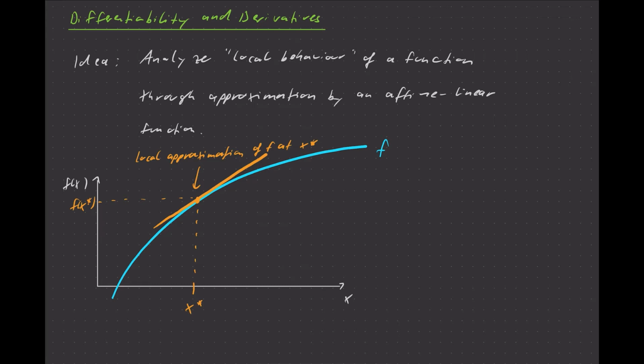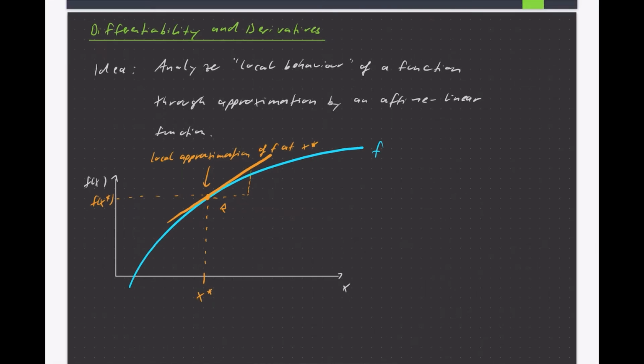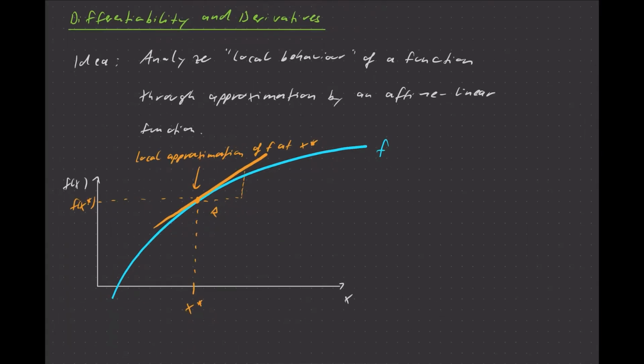So to get the slope of a function, we have to know about the ratio of the difference in x coordinates and the difference in y coordinates.